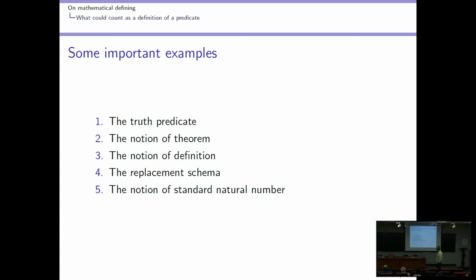The truth predicate is undefinable, the notion of definition is undefinable, and the notion of standard natural number is undefinable. I will say something about that. And maybe also other mathematical notions, as we have interestingly seen the notion of area in elementary geometry is maybe also one of these examples.